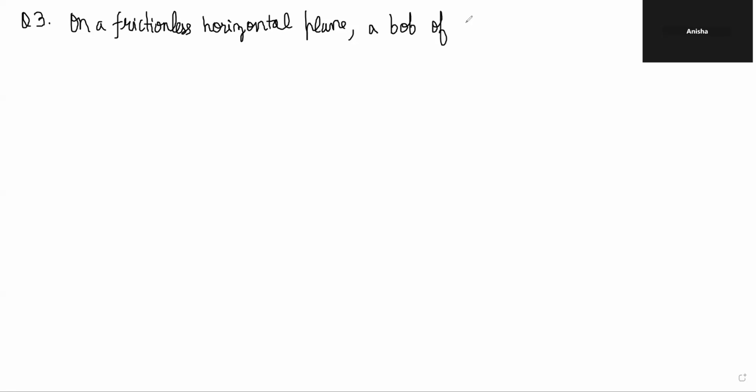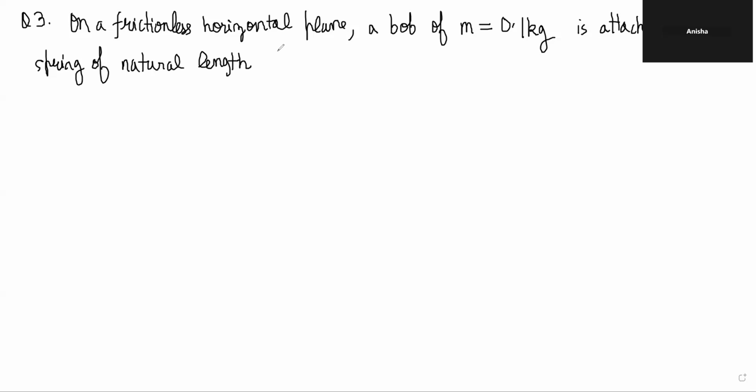Question 3. On a frictionless horizontal plane, a bob of mass m is equal to 0.1 kg is attached to a spring of natural length L naught is equal to 0.1 meter.